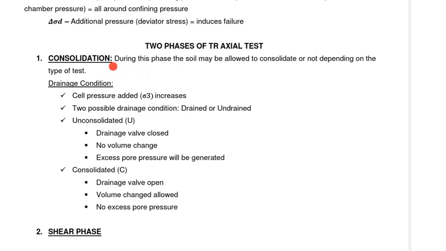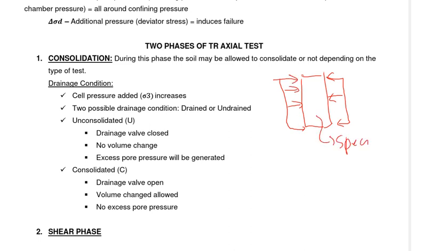So, this provides a uniform confining stress all around doon sa ating specimen equal doon sa ating minor principal axis. So, dito sa consolidation, if we have here our specimen, this provides a uniform confining stress all around doon sa ating specimen.